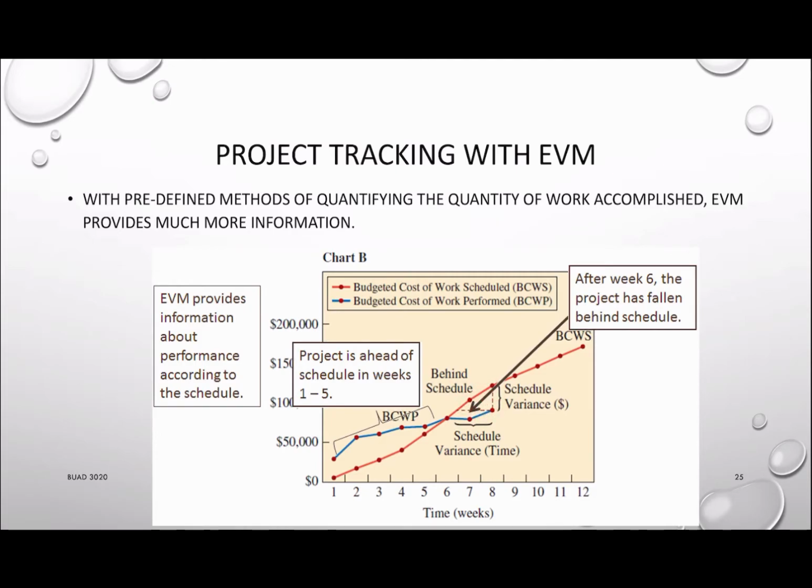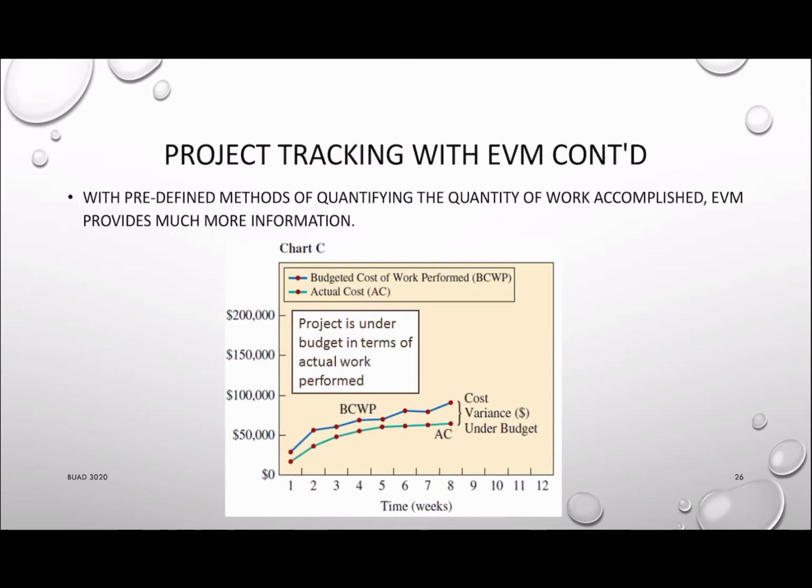So this is a typical example where using EVM can be very useful. And we can also use EVM to check the actual cost. If we want to do that, we compare the actual work done and the actual cost. In this case, the actual cost is lower than the BCWP, so we are under the budget. However, if AC is higher than BCWP, we are over the budget.